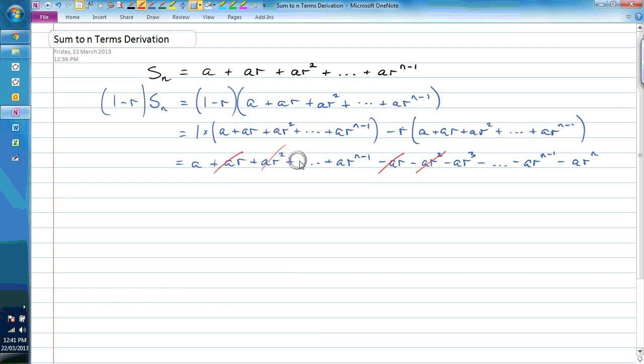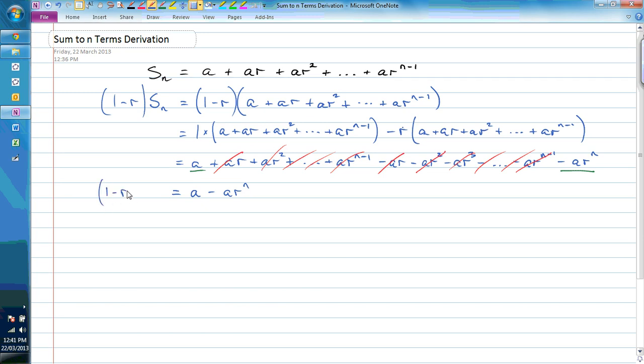The next term here, even though we haven't written it in, would be ar cubed, and there's a negative ar cubed, and so on. There's an ar to the n minus 1 here, and a minus ar to the n minus 1 there. Everything here is going to cancel except for the first term and the last term. So the result of this massive expansion is simply a minus ar to the n.